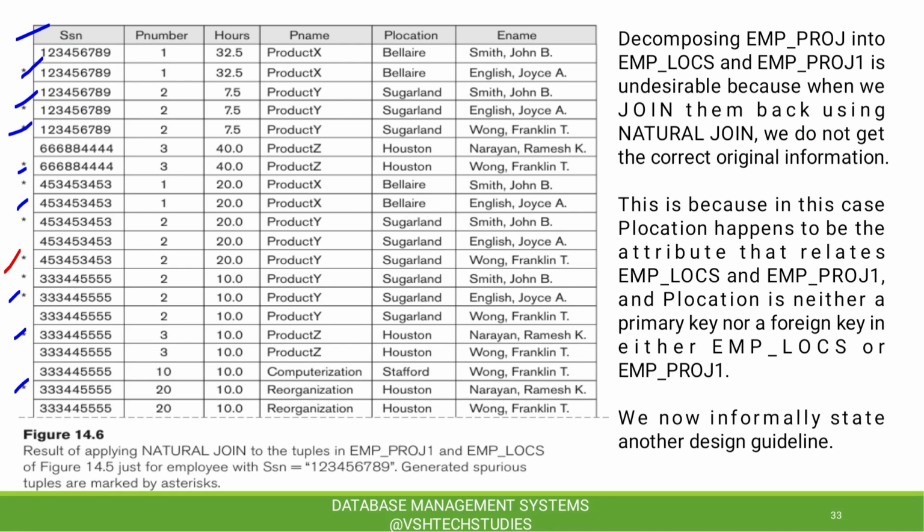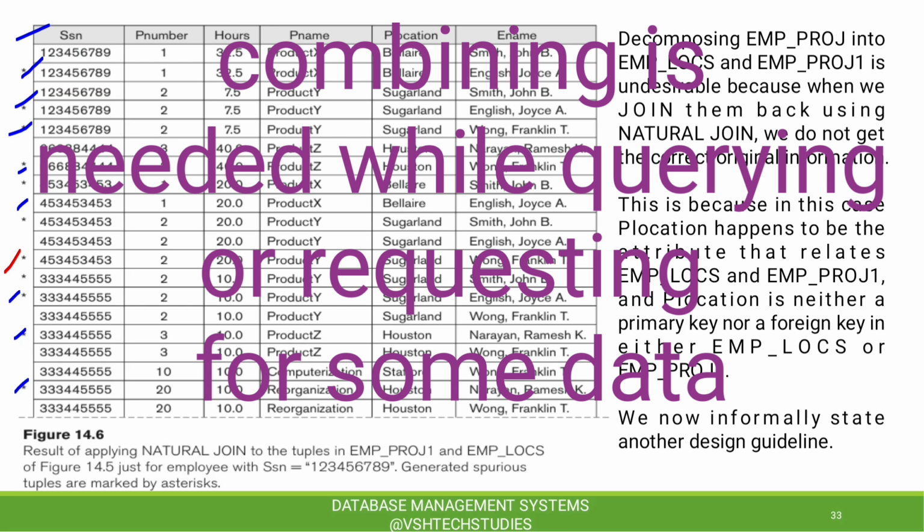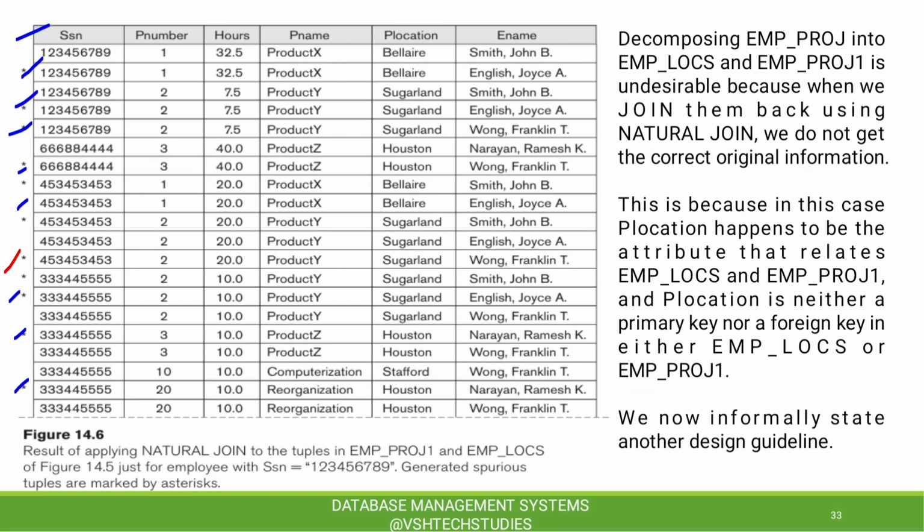So the EMP_PROJ relation was broken into two relations, EMP_LOCS and EMP_PROJ1. Afterwards, if they are combined on the common attribute, that is P location, the original relation should result, but that is not happening. Along with the original relation, some extra meaningless tuples are occurring.